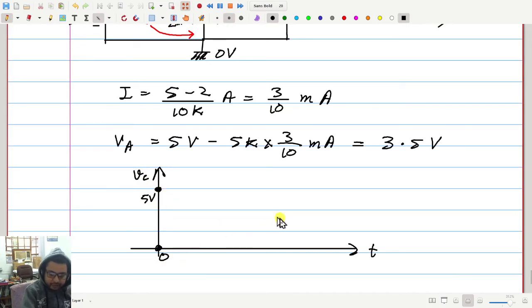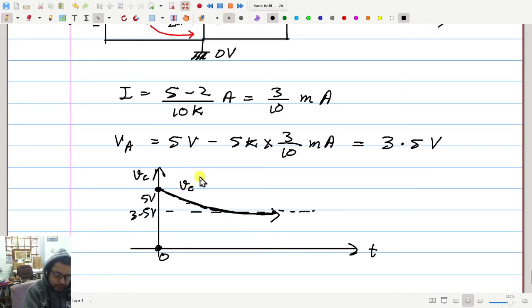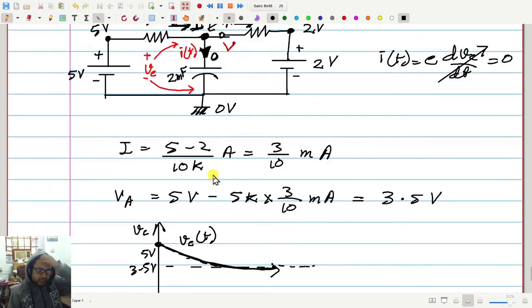At a very large value of time, it will become 3.5 somewhere here. This is 3.5 volt. So the voltage will gradually decrease and come here. But now we want to ask, how will this graph look like? Exponential. It will be exponential. Acha, why is that so?